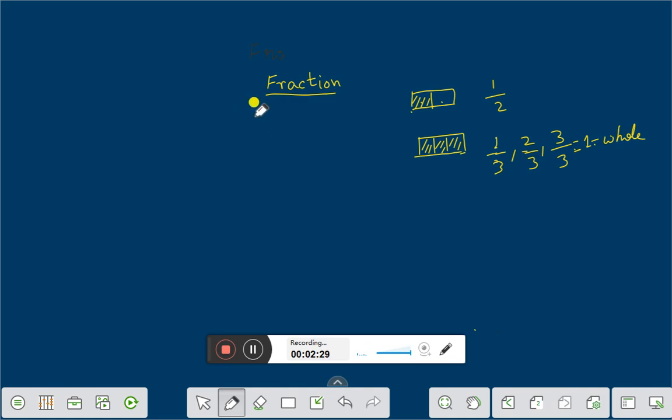Besides that, suppose 1 by 2. This number, the upper one, is known as the numerator, and this number is known as the denominator.